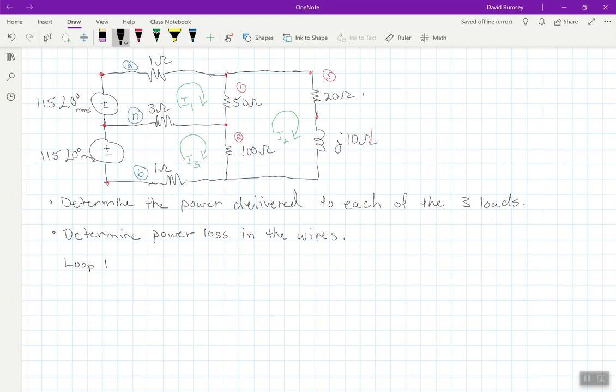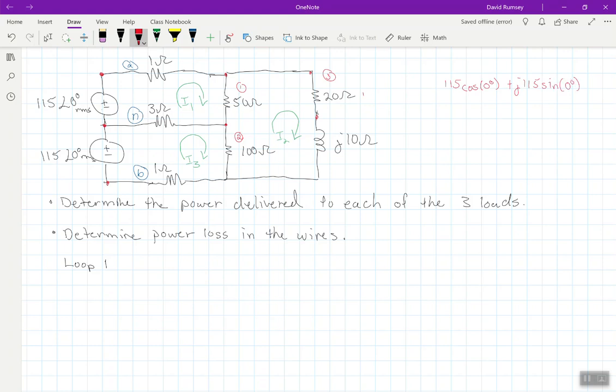Before we do that, let's remind ourselves that for all of these impedances, we need to put them in rectangular form. If it's at an angle of 0 degrees, to put it in rectangular form, you'd have 115 cosine of 0 degrees plus j 115 sine of 0 degrees.